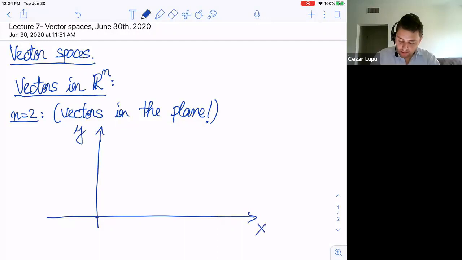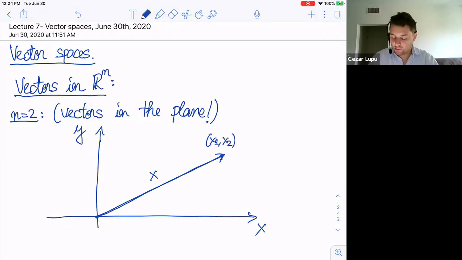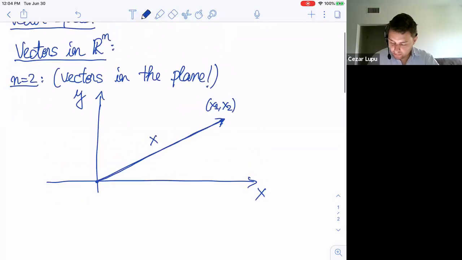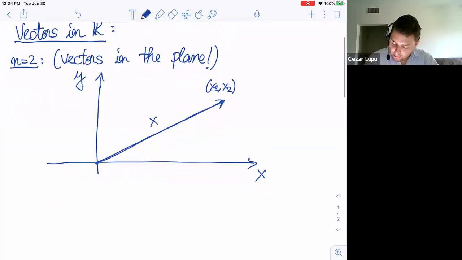Let's suppose that this vector will start from the origin. So it starts from here and it goes all the way like this, right? Let's say this is my vector x. And this point, let's say, has coordinates x1, x2. So this will be what we call a terminal point.